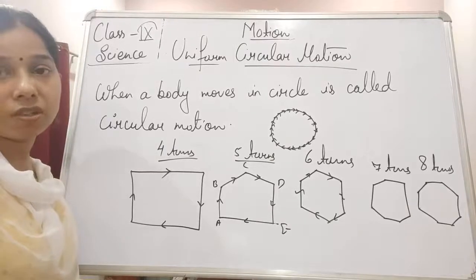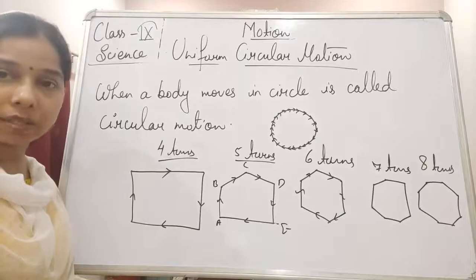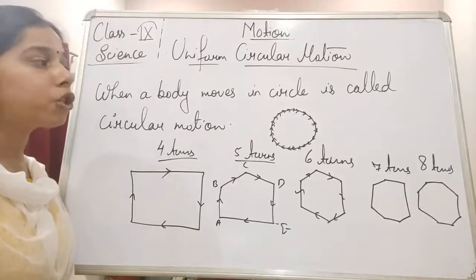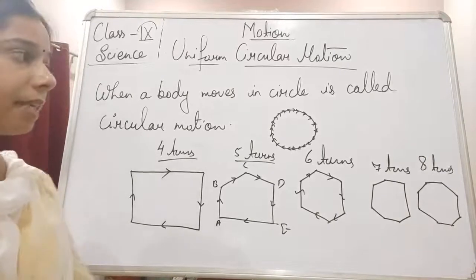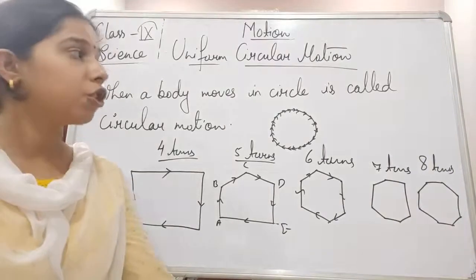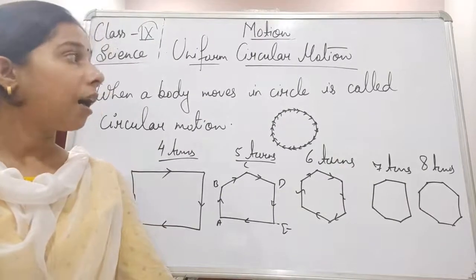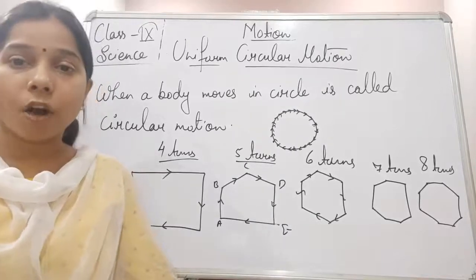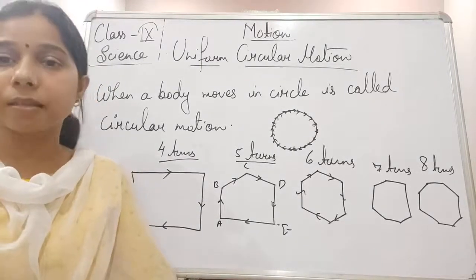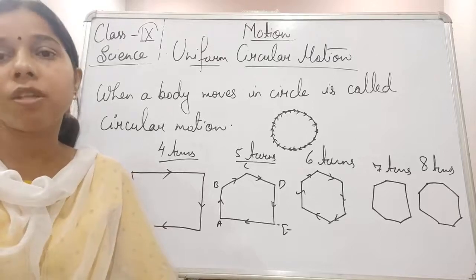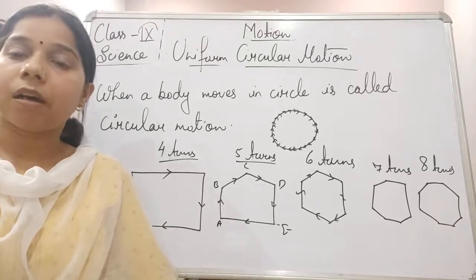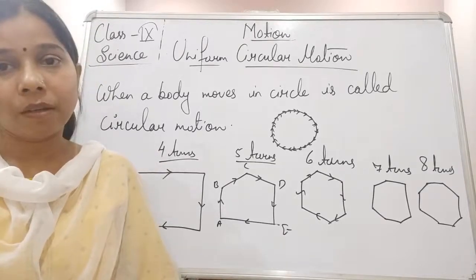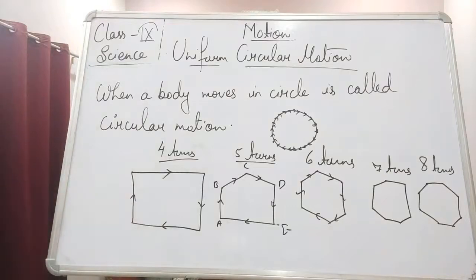Whenever there is a change in direction, even if a body is moving with a certain speed, it will never show uniform velocity, but it will show an acceleration. The body keeps on accelerating in circular motion.